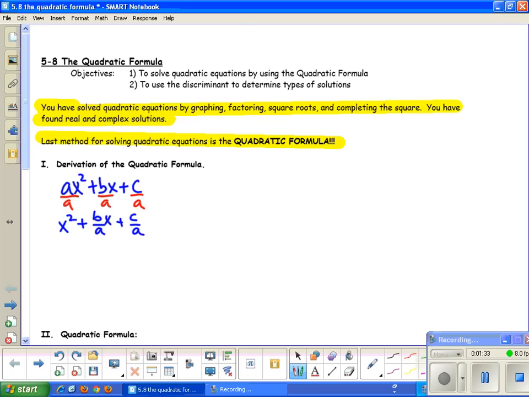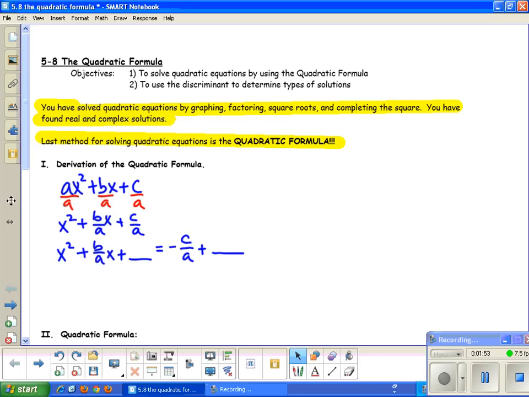And then remember, when we complete the square, we take the constant term to the other side. So the constant term would be the c over a part. So we get x squared plus b over a x plus something to complete the square equals negative c over a plus that same number again to complete the square over here.